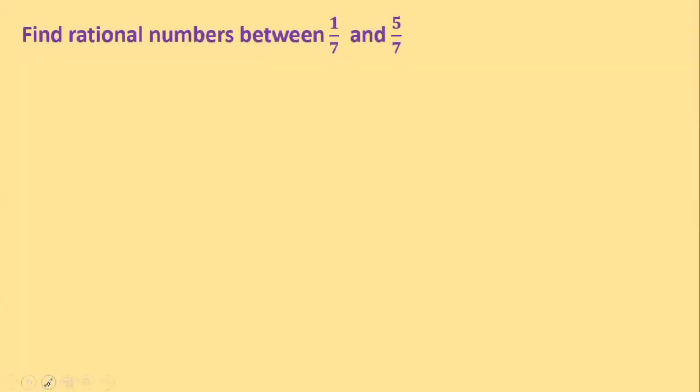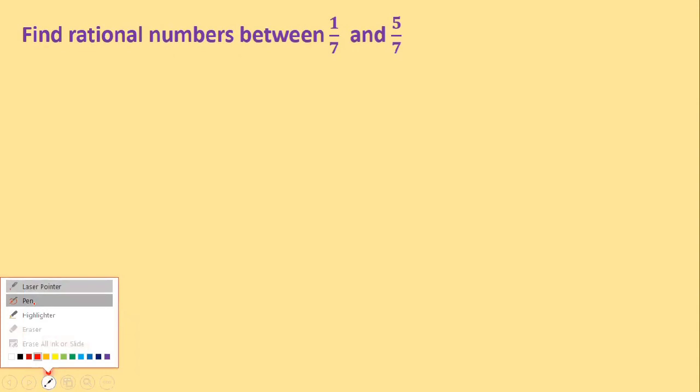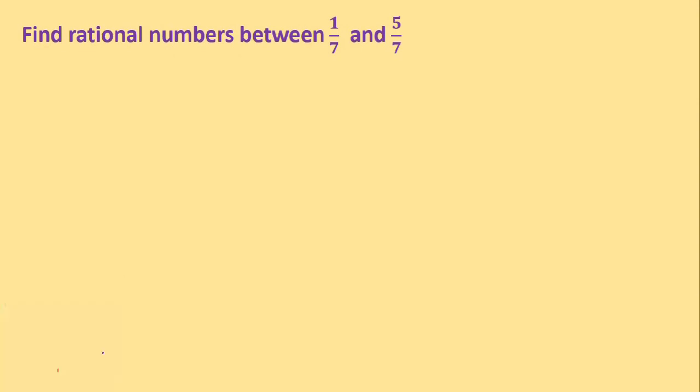Now, let us find rational numbers between 1 by 7 and 5 by 7. We can say there is a definite number of integers between two integers.